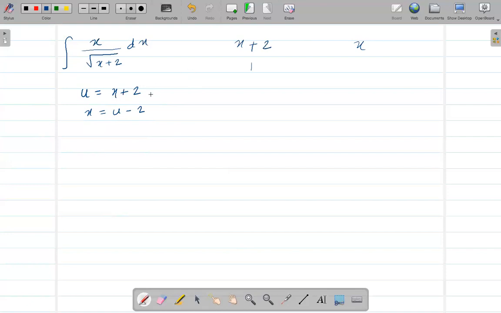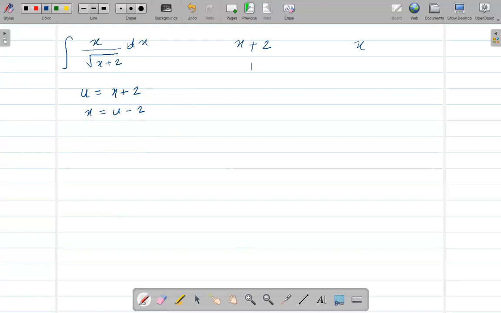Okay. Now here I can replace this whole thing with u minus 2, and I can also replace x plus 2 by u. Basically, I'm trying to change this to a u form, right?